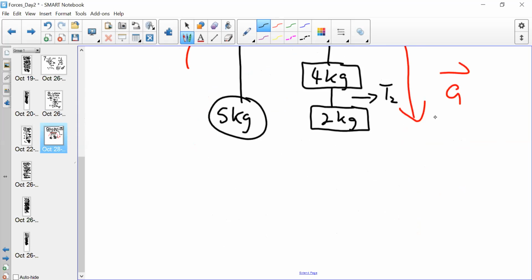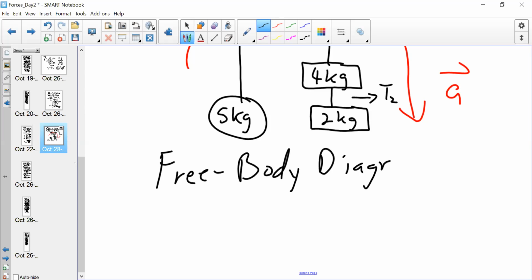So now let's get a free body diagram for each mass.